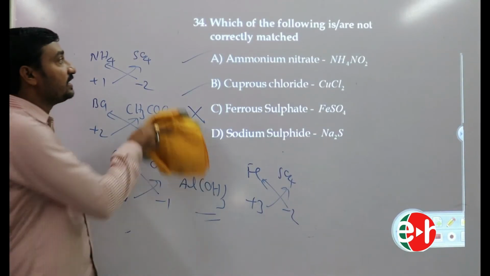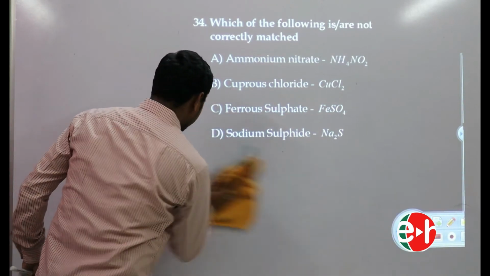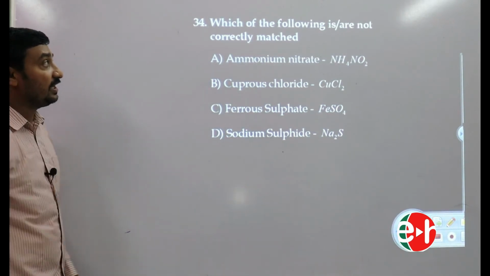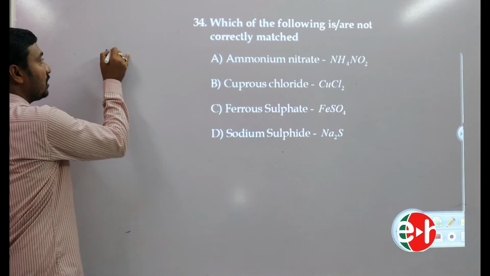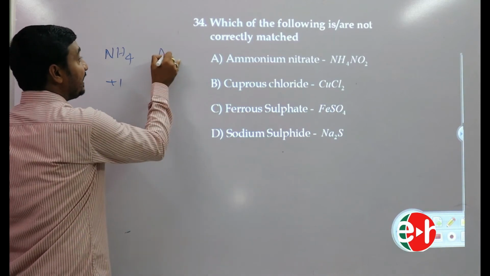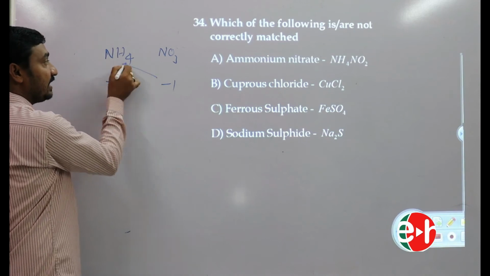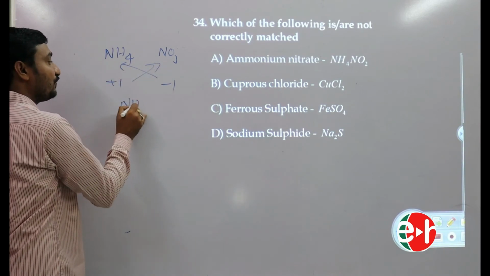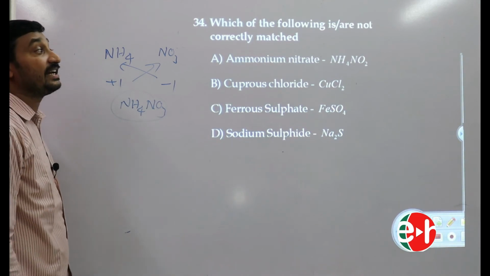Which of the following is not correctly matched? See, ammonium nitrate. We know the charge on ammonium is plus 1. Nitrate formula is NO3 minus. Then the formula NH4NO3 is the formula of ammonium nitrate.